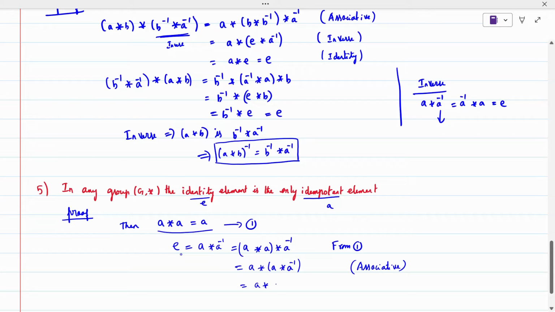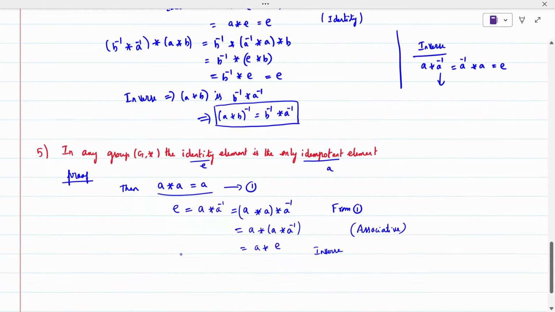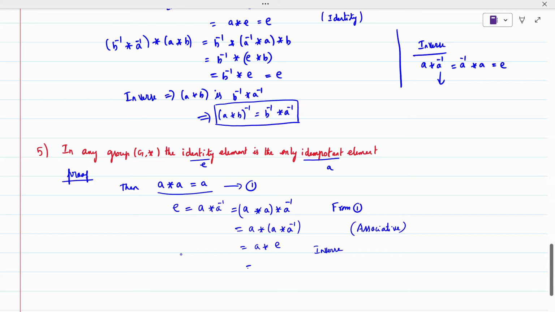A star A inverse is nothing but E, by the inverse property. A star E is nothing but identity, it's nothing but A. Okay, now we have proved E equal to A. What is given in the question? The identity element E is the only idempotent element A. Yes, it is proved. Okay, so this is the way we have to prove it. Thank you.